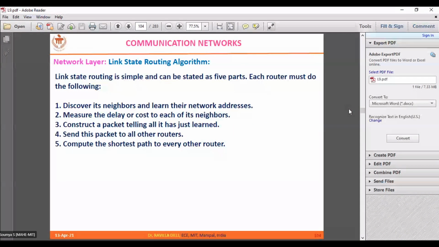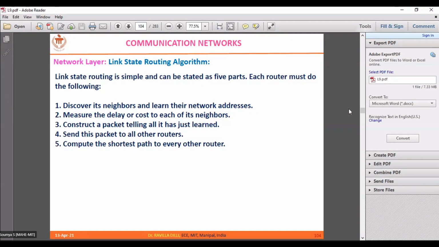Now what is it that each router does with all this? Let us say you are fixing a router and you've just turned it on. Then what should the router do? It has to find out who its neighbors are, ask for its neighbors' network addresses, and then measure the delay or the cost to each of its neighbors.